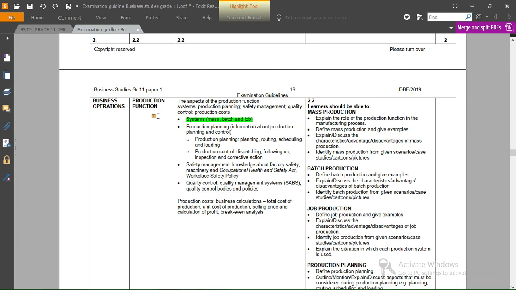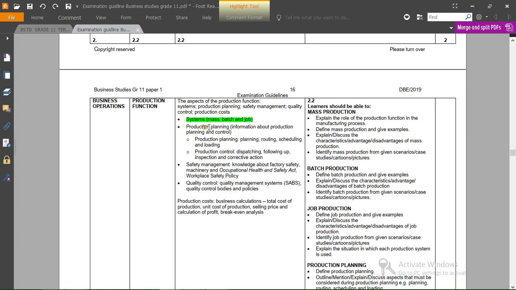Production function is mainly important in manufacturing companies that manufacture goods so that they can sell them. Those companies buy raw materials, convert those raw materials through the production process, which happens in the production function, and then come up with finished products or semi-finished products which they can sell to other businesses or other customers, right? So production function is all about producing goods. That's all that we're talking about here, producing goods.